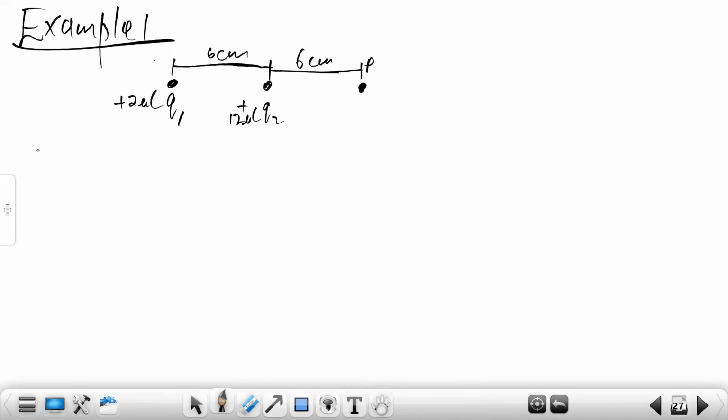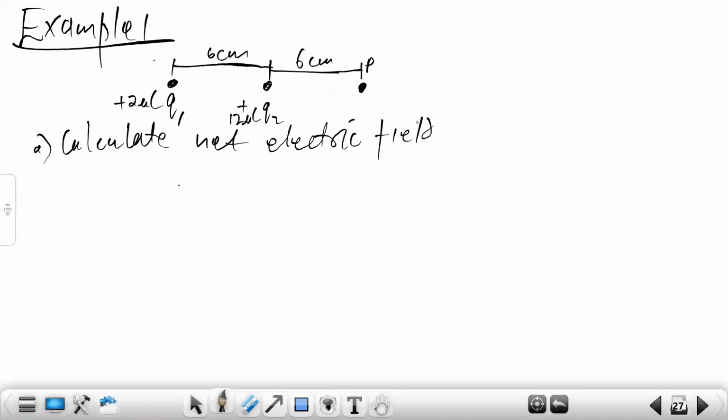And the question says, calculate the net electric field acting on P due to Q1 and Q2.